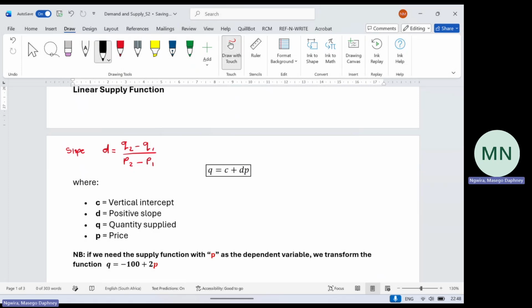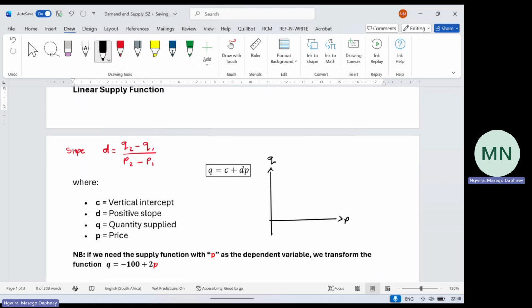When we draw the linear supply function, the graph is going to look something like this. Remember we said that C is where your graph is going to start. The dependent variable Q is here, the independent variable is here, according to the function.